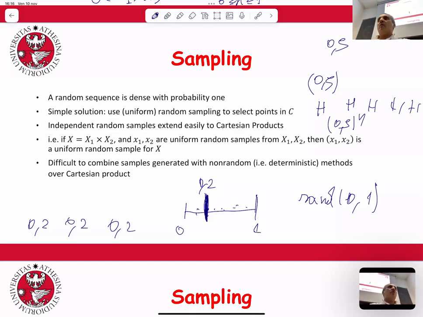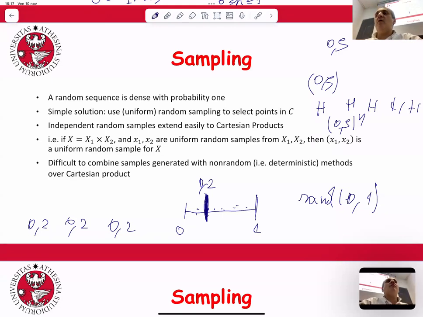So the probability that I will get at least one tail is 1 minus this. Then suppose that I say with probability 1, I will have, over an infinite number of extractions, at least one tail.